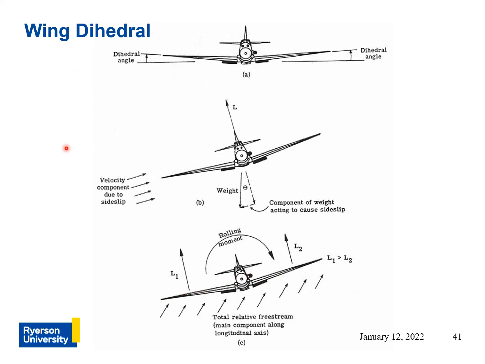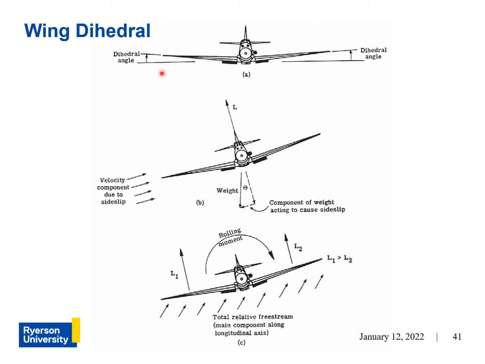I won't get into the specifics of why this is the case because it gets a little bit complicated at this level, but it's a good design feature to have. When an aircraft gets disturbed, it keeps flying, because the dihedral will cause it to go back to steady level flight.